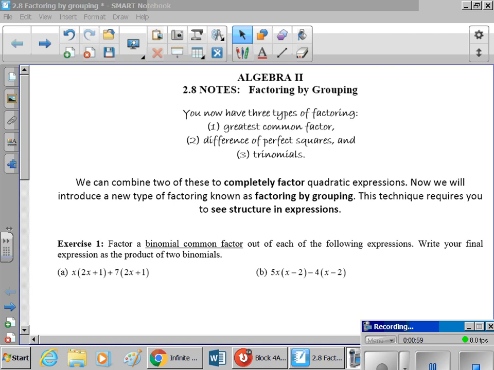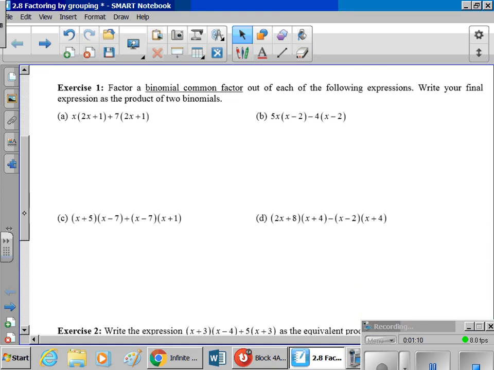So exercise 1 says factor a binomial common factor out of each of the following expressions. Write your final expression as the product of 2 binomials. What I'm hoping you're realizing here in exercise 1 is that if you take a look at A, you're going to see that there is a common factor, but it's not like a monomial or a number or a coefficient like you're used to seeing. Here we're seeing a binomial common factor. So we're going to be factoring out that common binomial.